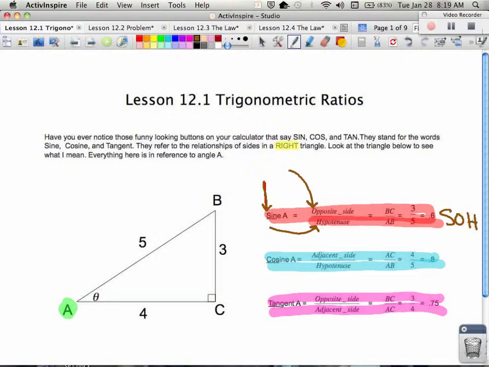Likewise, for cosine, they use C, A, and H, which stand for cosine is adjacent over hypotenuse. And for tangent, they use T, O, A.